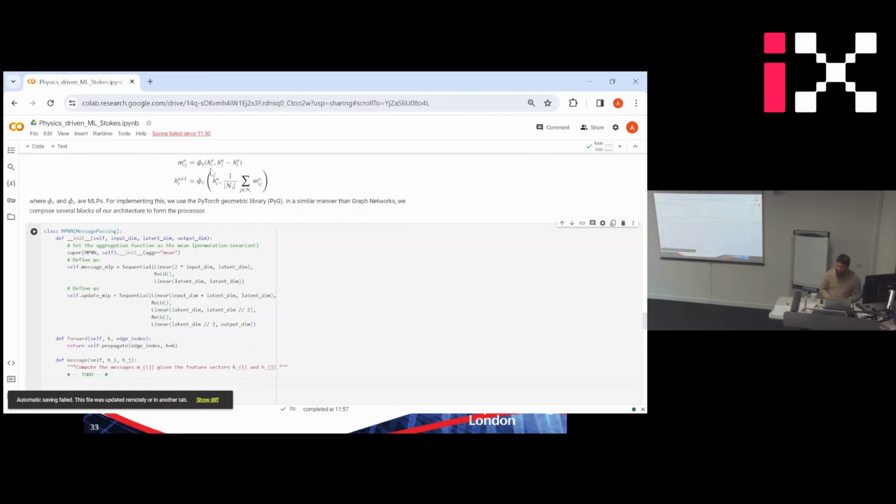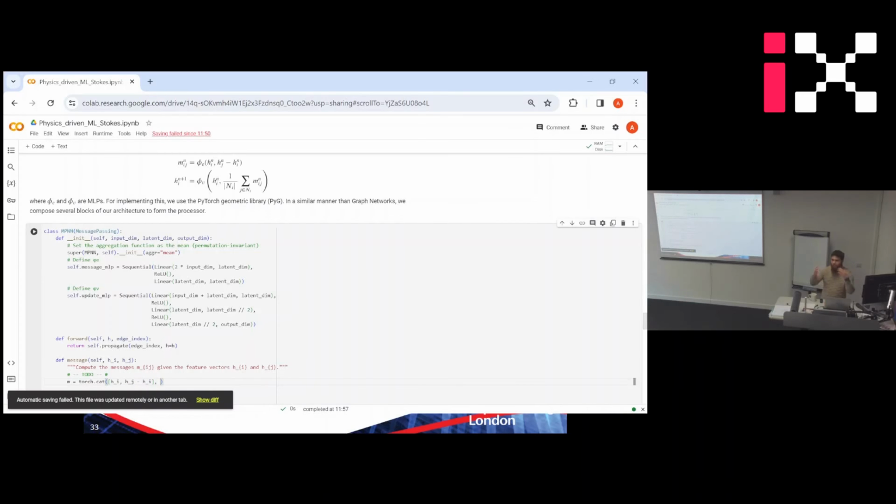So I will literally copy paste or do what is over there, right? So what I will do is I will form a message M that will concatenate, so torch cat, hi and hj, hj minus hi, okay?